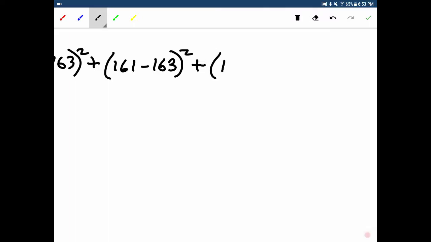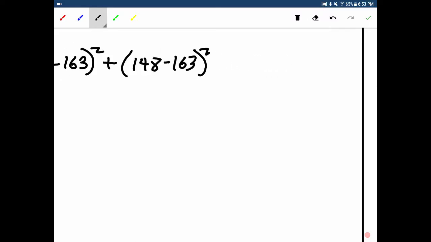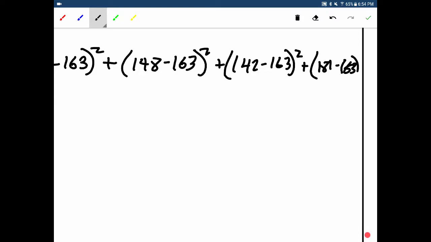So anyway, we got 148 minus 163 squared plus 142 minus 163 squared plus 181 minus 163 squared, and I just fit. That was lucky.